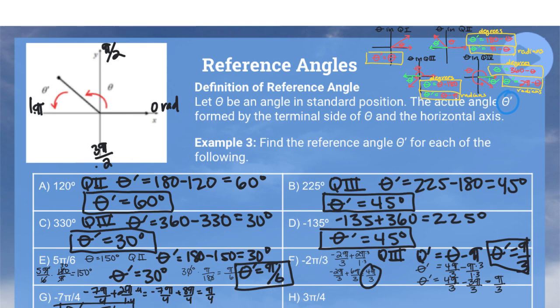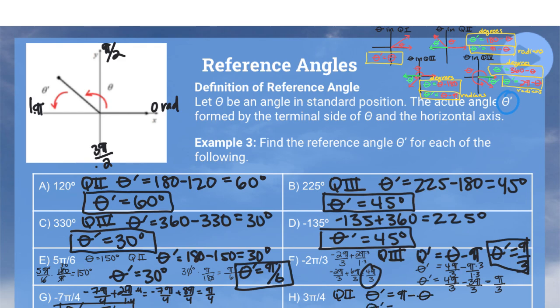And then, last but not least, we have 3 pi over 4. And that would be in quadrant 2, because that's 3/4, which is between 1/2 and 1. So we would use quadrant 2, we would use theta prime equals pi minus theta.